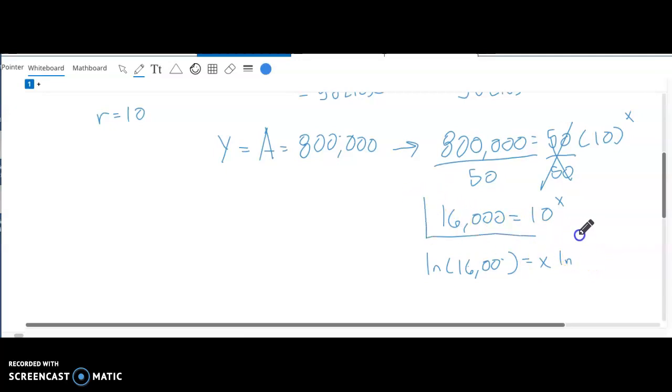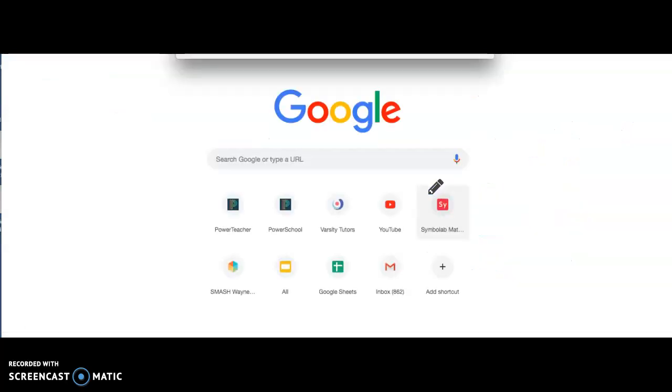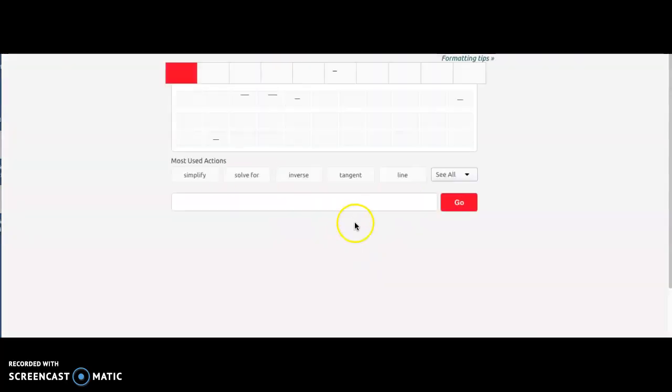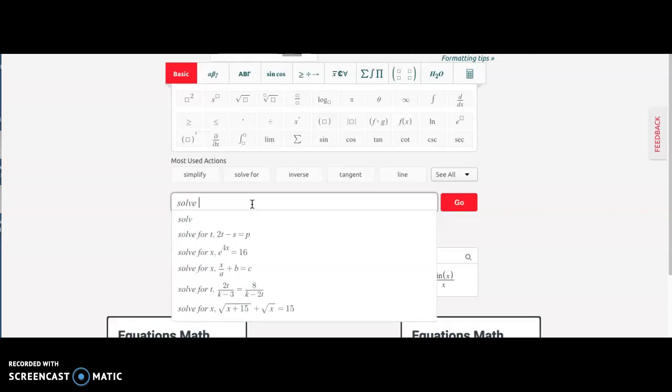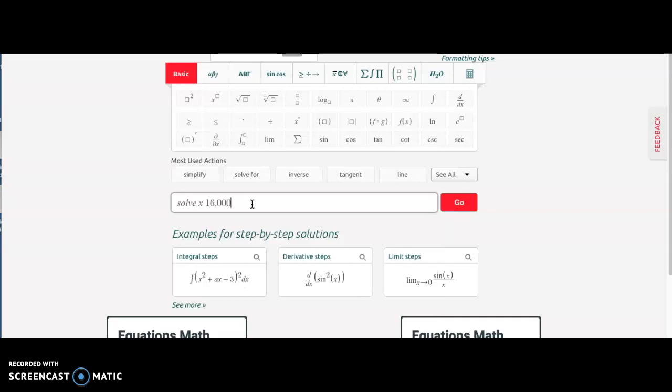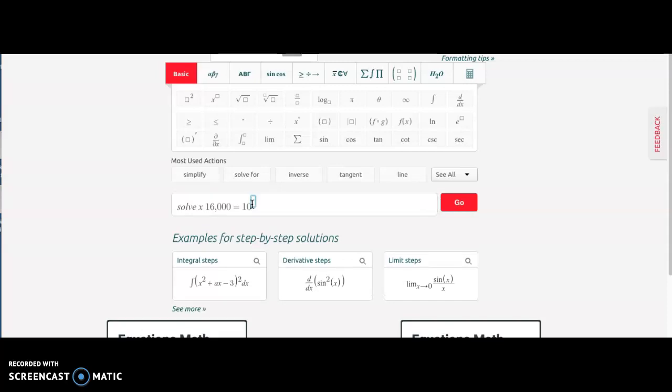Here, let me put this in the equation lab so you can see it. So we're going to solve for x for the equation 16,000 equals 10 to the x.